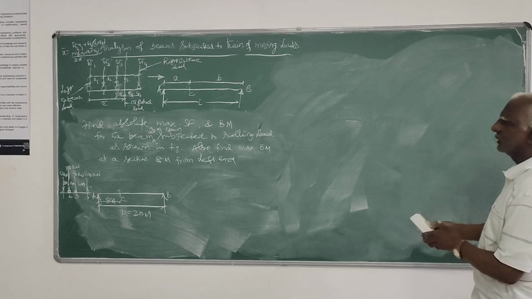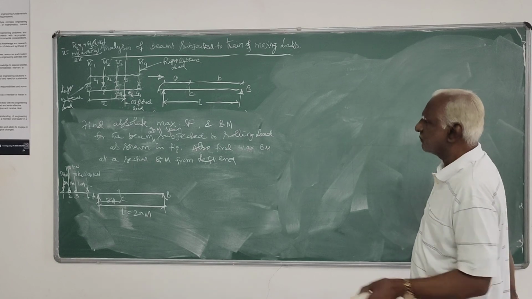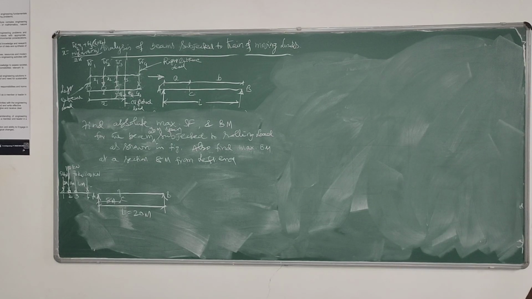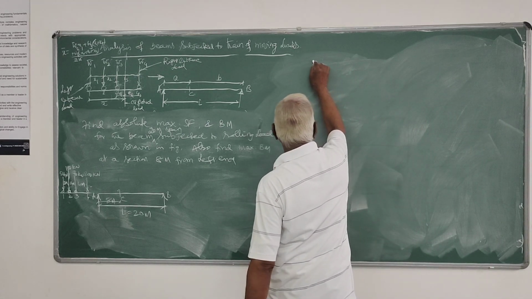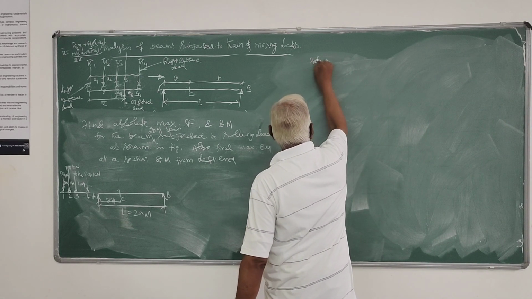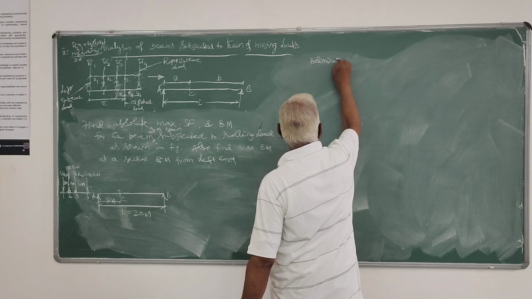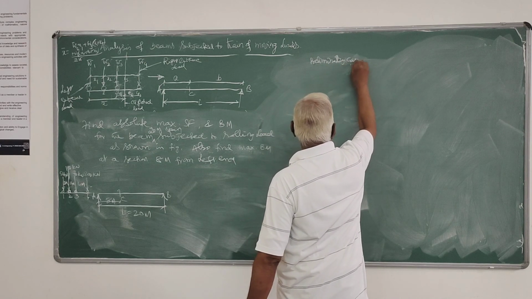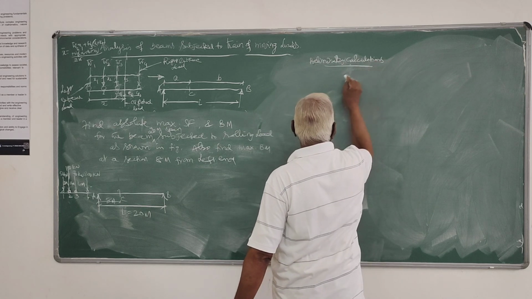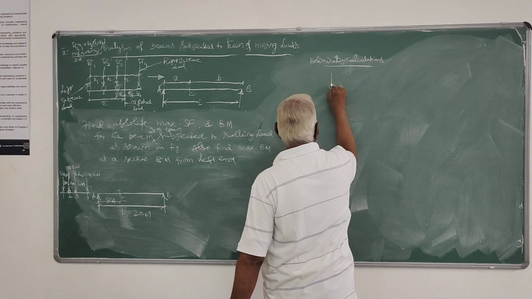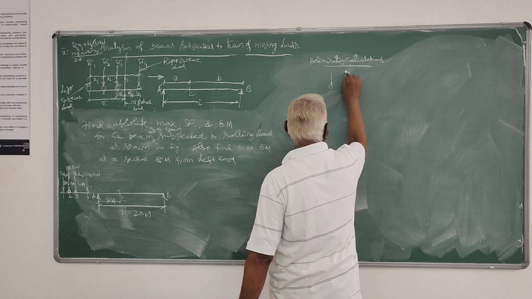Let's do it. So first we will take up maximum shear force. First you take the preliminary calculations. What are the preliminary calculations you have to make? You have to find the CG of the wheel loads.